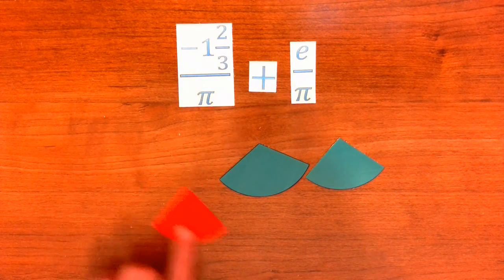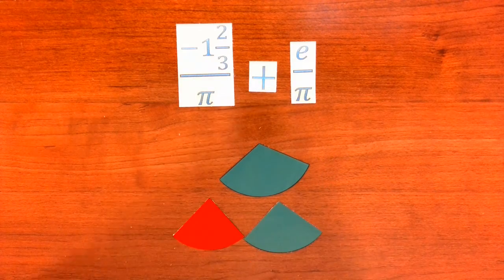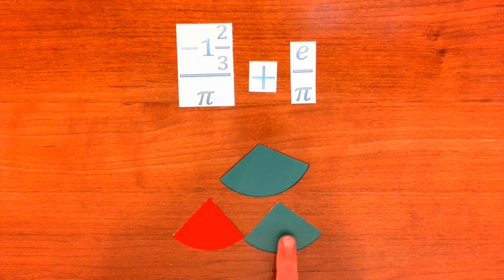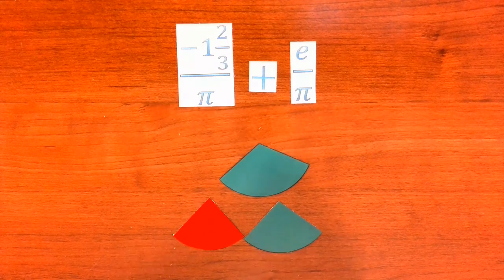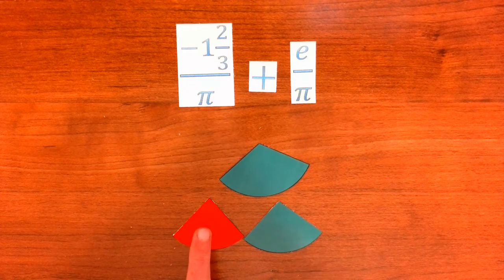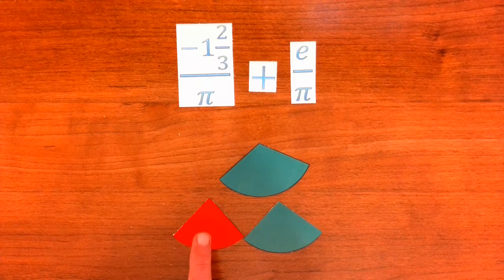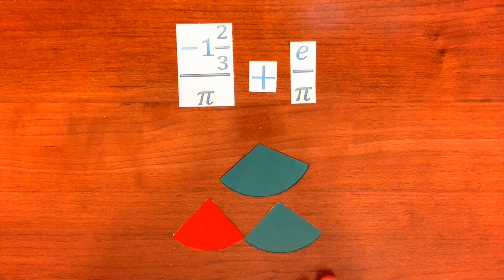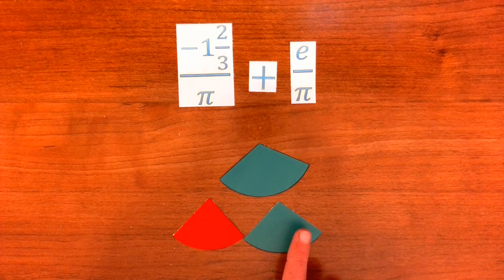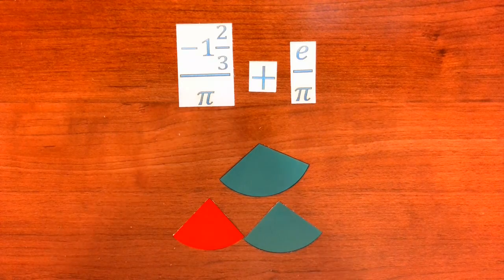However, I cannot just take this piece and let them cancel each other out. This one is approximately positive 0.71828 over pi, and this one's approximately negative 0.6667 over pi. In other words, there's a little bit more positive here than there is negative here.